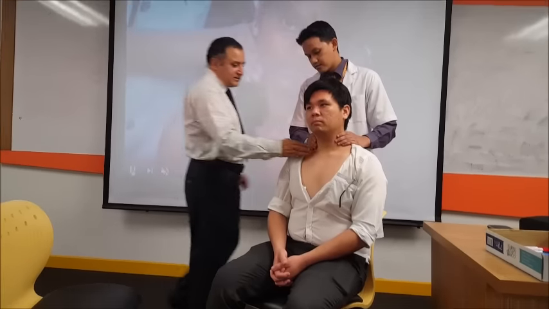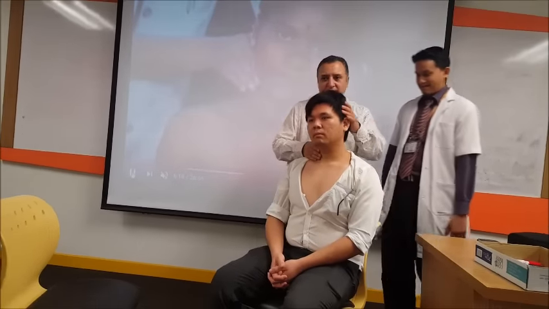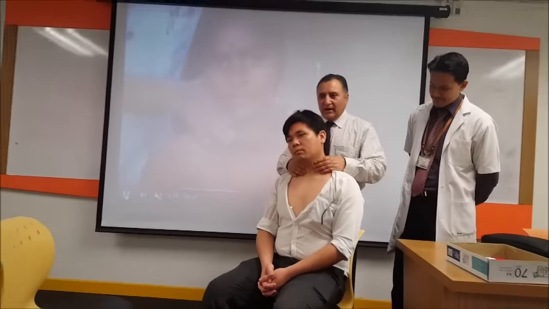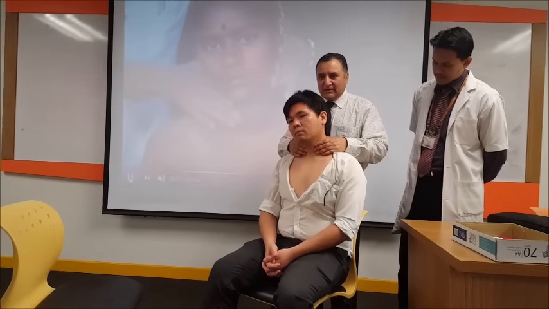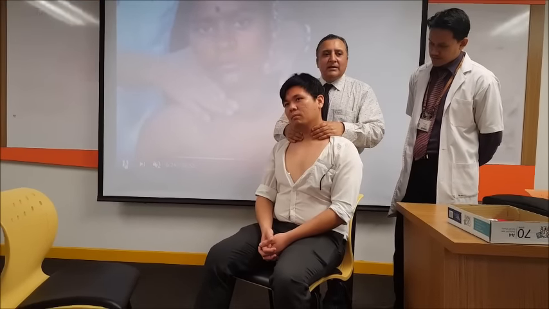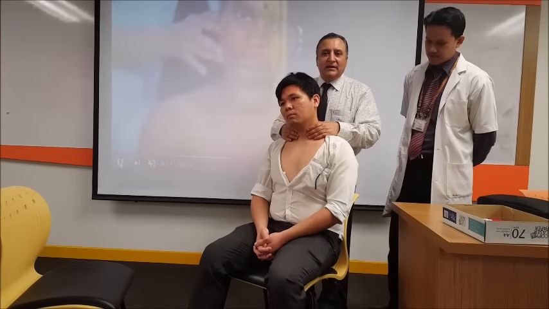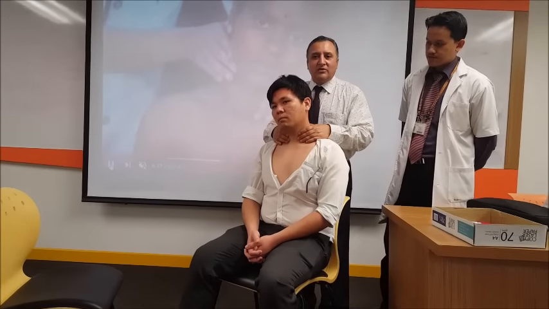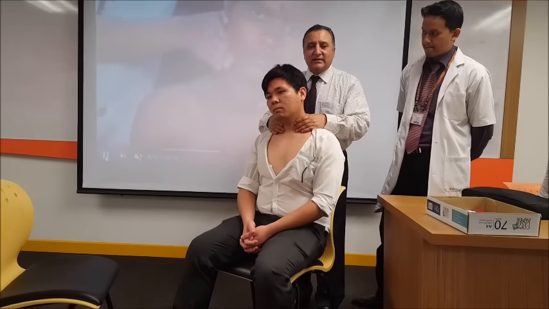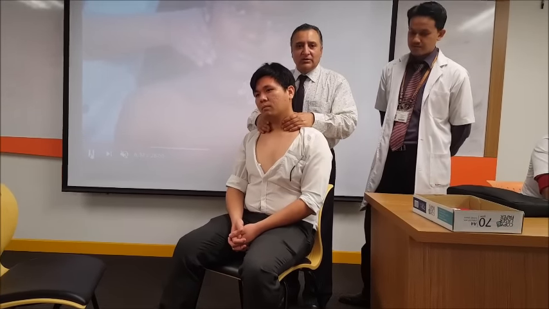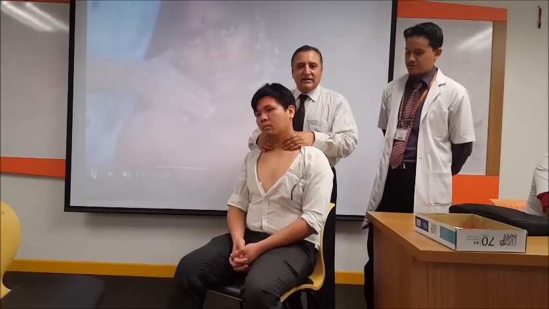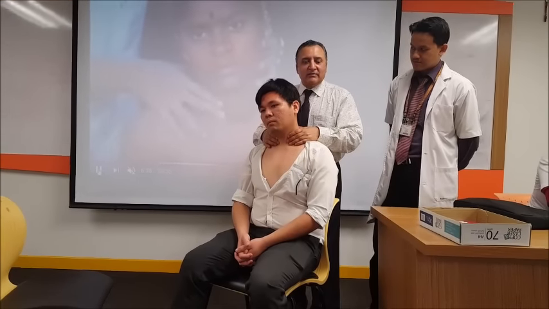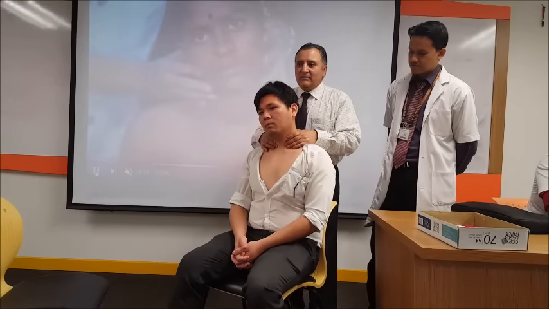So I just show it like this. So you tilt it like this and start seeing the surface of the swelling, whether surface is smooth or it is nodular. So what I feel here, the surface is smooth and the size is around 6 centimeters and 5 centimeters.